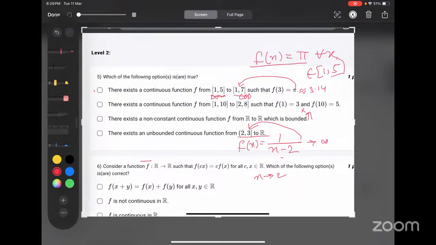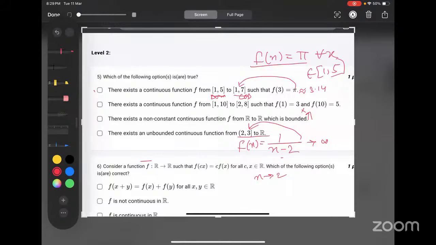Yes, but 2 is not included now. Yeah, 2 is not included, but this function is unbounded because this is going towards infinity. If 2 was included, then 1 over 0 is undefined. But whenever you get a smaller and smaller number in your denominator, you will get a larger and larger number in the result.